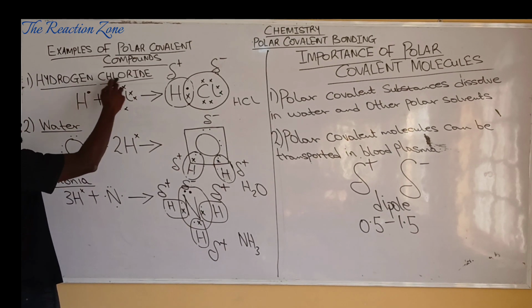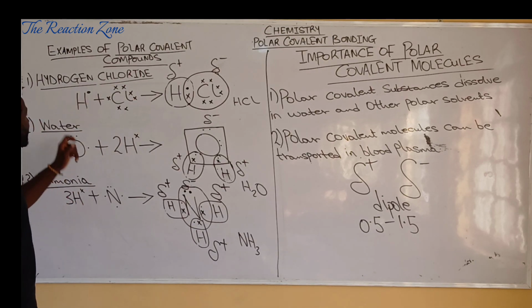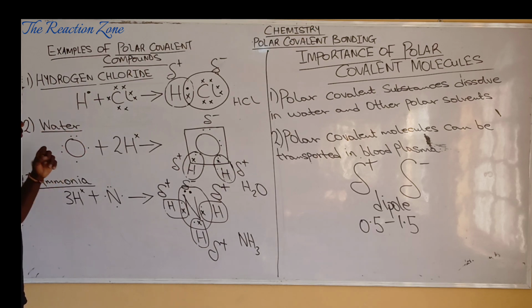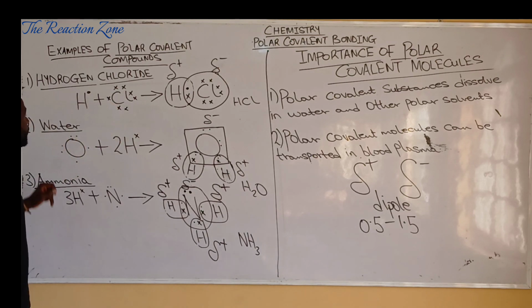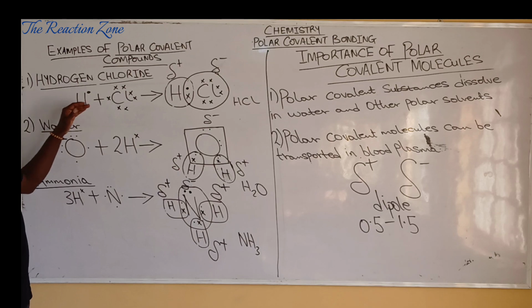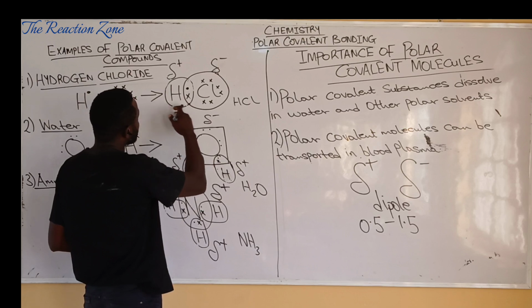Chlorine has a valency of 7, that is 7 electrons in its outermost electron shell, but has a covalency of 1, meaning that it only has one unpaired electron in its outermost electron shell. So, each of these atoms donates 1 electron for forming this bond.